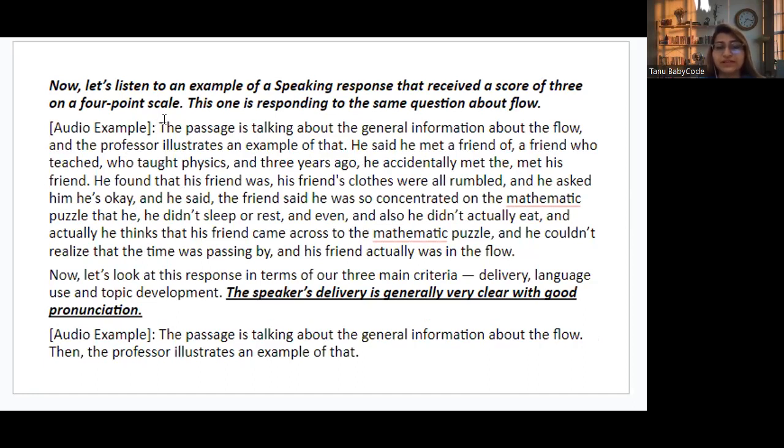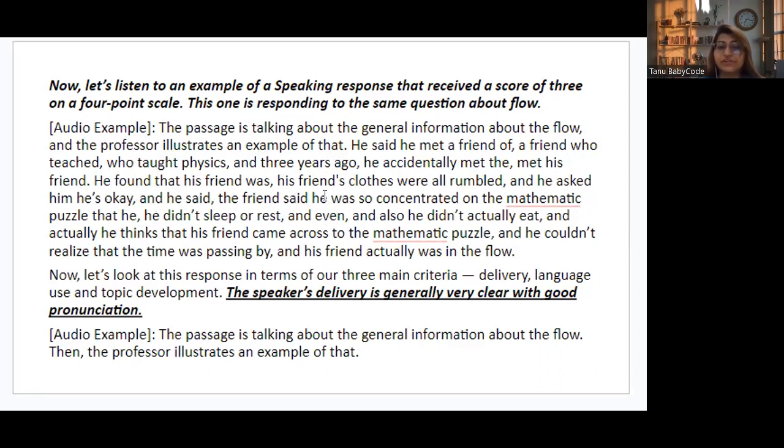The passage is talking about general information about the flow, and the professor illustrates an example of that. He said he met a friend who taught physics, and 3 years ago he accidentally met his friend. He found that his friend's clothes were all rumpled, and he asked him if he's okay.